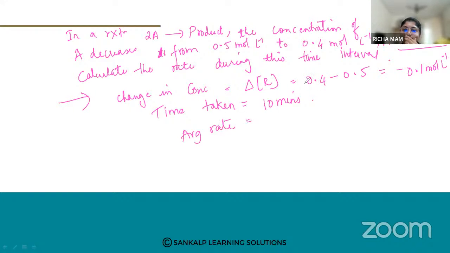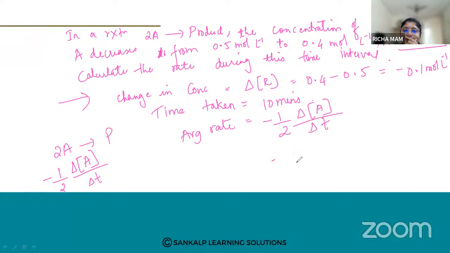So how to calculate the average rate? The reaction is 2A giving product, so the average rate is 1 by 2 times the change in concentration of A with respect to time. It will be minus half delta A by delta t. So minus half, the change in concentration is minus 0.1, upon the time taken, 10.